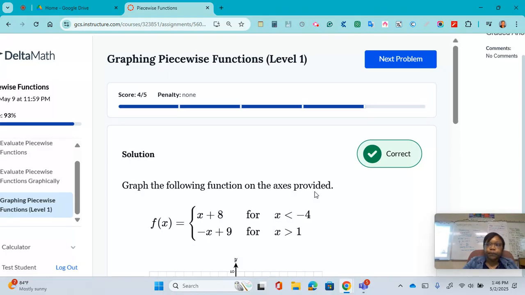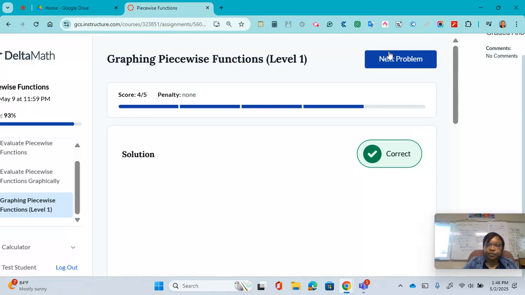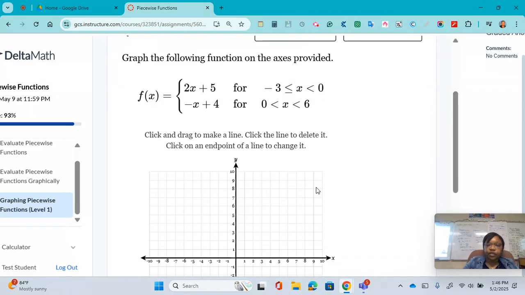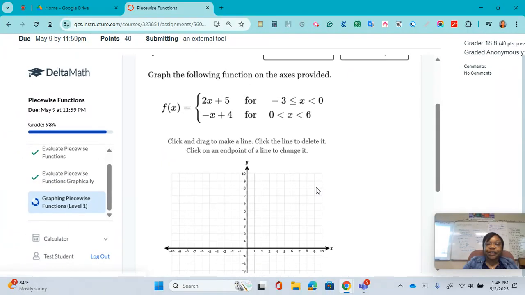All right? You have to do the linear equations and the restrictions. I'm going to do another one. These are linear equations. Remember, in front of the x is the slope. The number by itself is the y-intercept. It says we're going to start at -3 and end at 0.